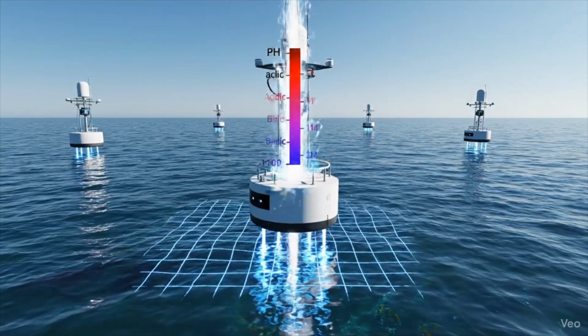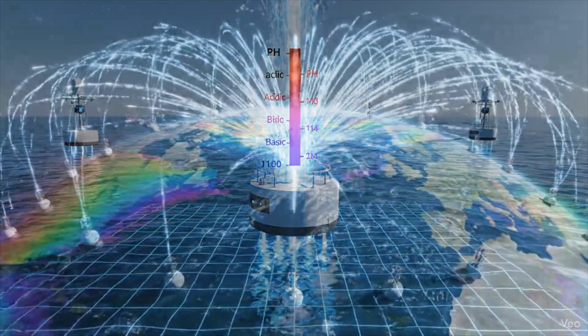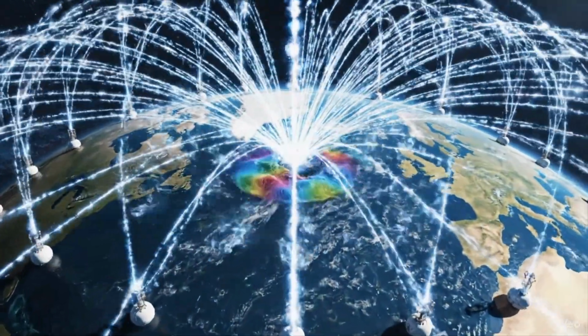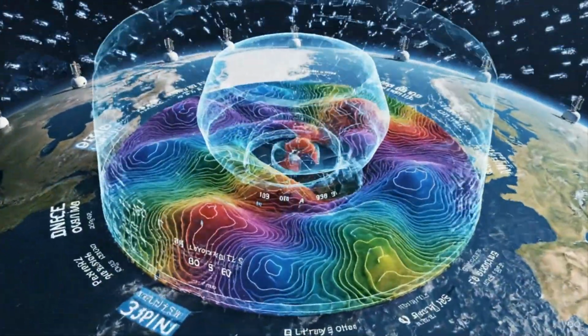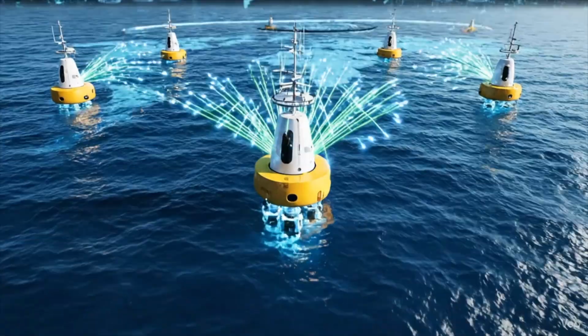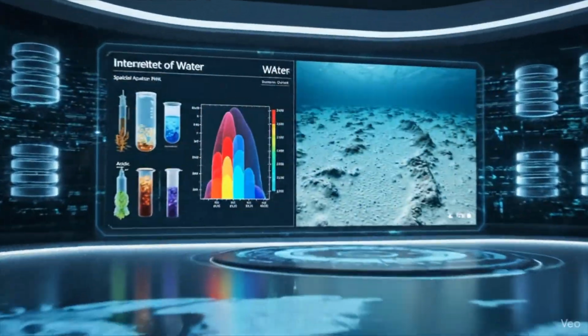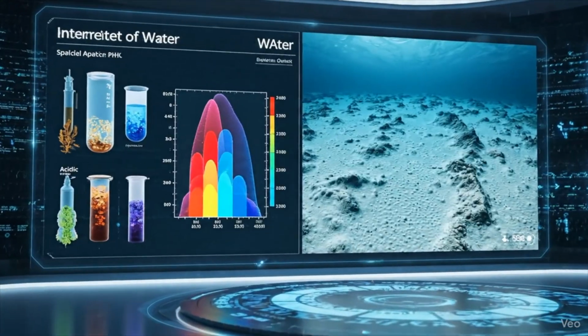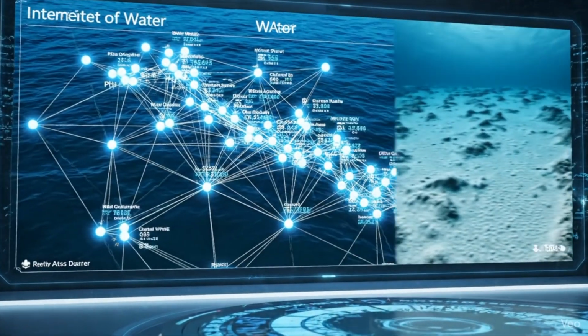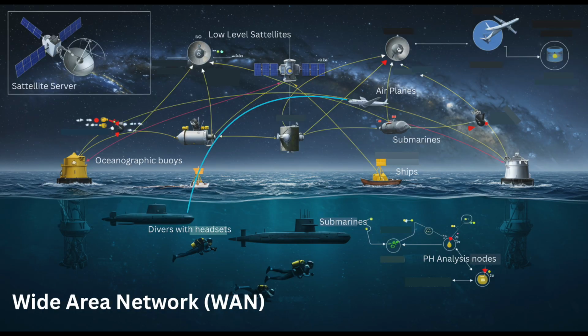And then I wanted to also get into the wide area network. It also shows the oceanographic buoys. Now they have these new protocols and this new system that allows signals to go from submarines all the way to airplanes. I thought that was really cool.